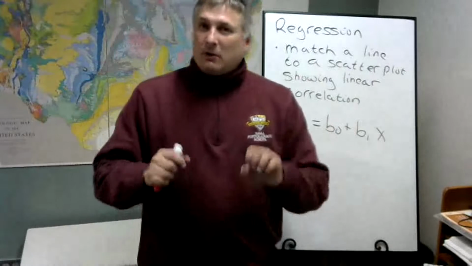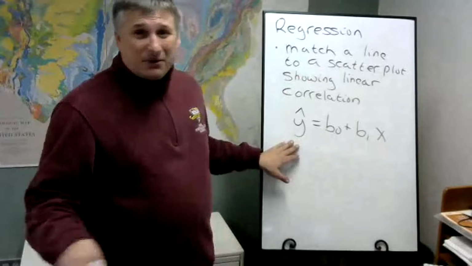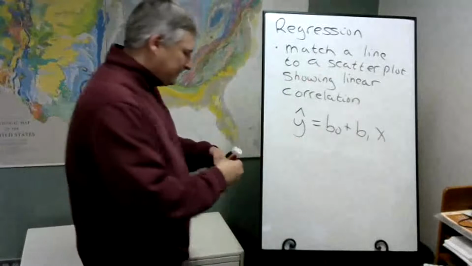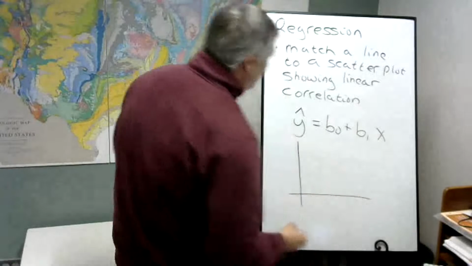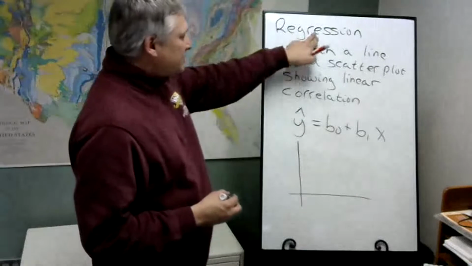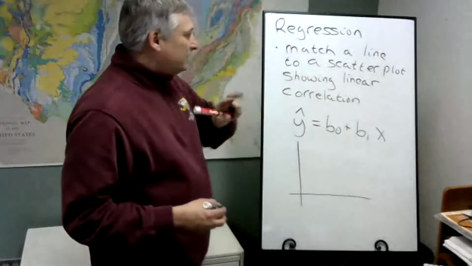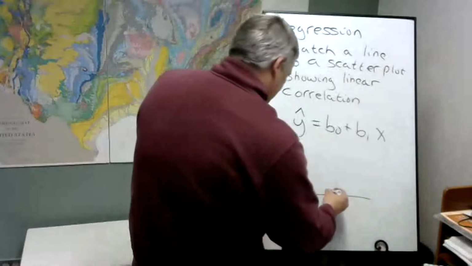Well, it actually isn't Farmington. You see, what happens in a linear regression, and that's another way we call this, linear regression, because it's a regression line for a linear correlation.